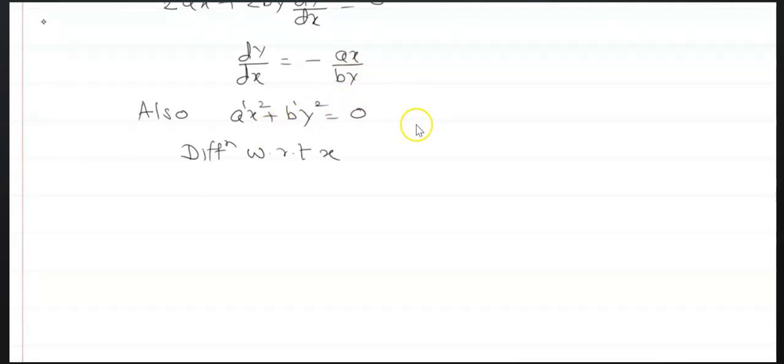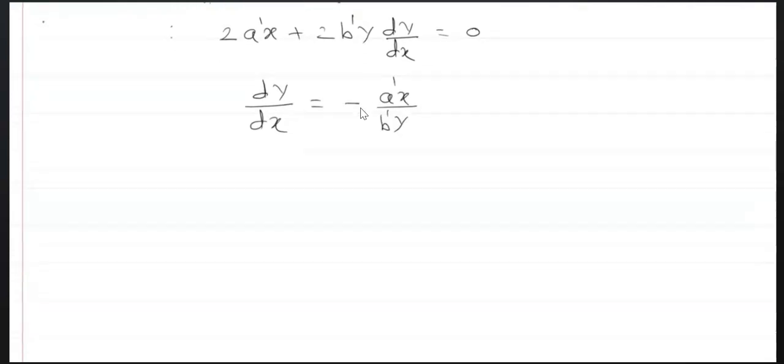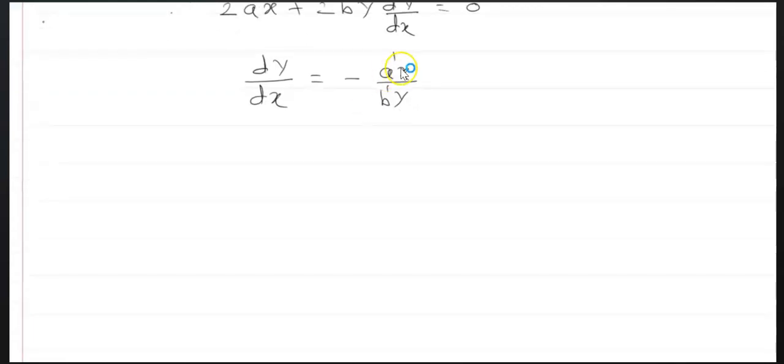And the second equation, a dash x square plus b dash y square, that is equals to, again here I have written 0 but there is a 1. Therefore dy by dx is equals to minus a dash x upon b dash y.